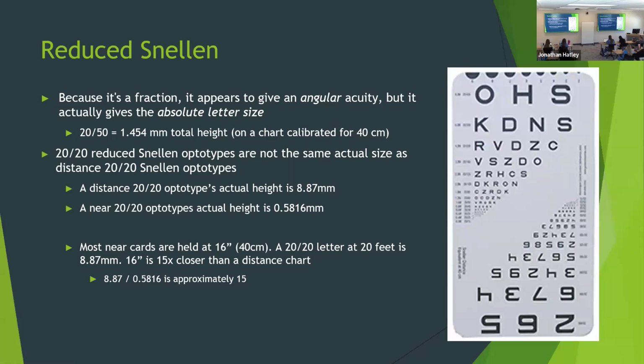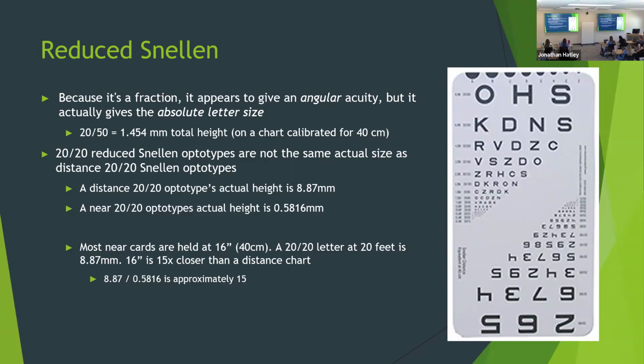So the angular subtense, if you look at the angle that the letter subtends from the chart, and then hold the 20/20 line up right next to it at 40 centimeters, they are about the same size. So they calibrate these cards based on the letter height, not necessarily that same rule that we talked about, where it's a 20-foot optotype at 5 minutes of arc at 20 feet.